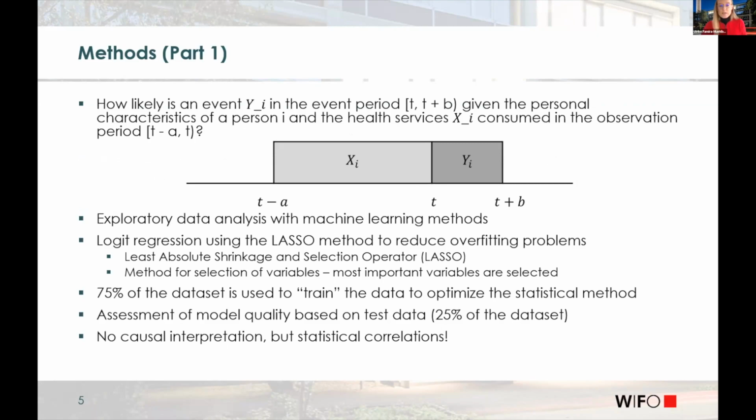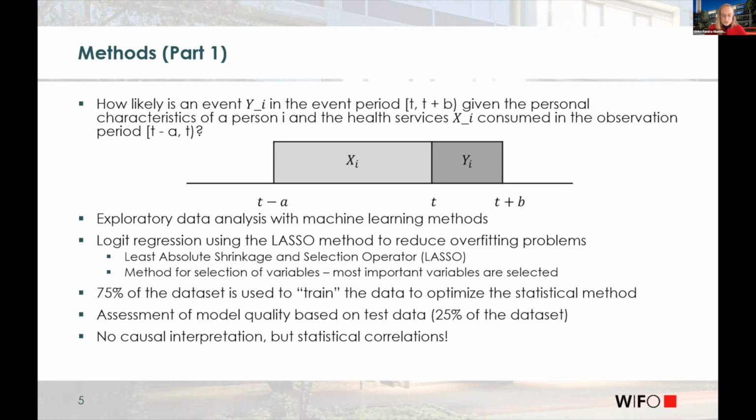So basically, we examine the following. How likely is an event in the event period, given the personal characteristics of a person and the health services consumed in the observation period? So we do an exploratory data analysis with machine learning methods. We run logistic regressions using the lasso method to reduce overfitting problems.